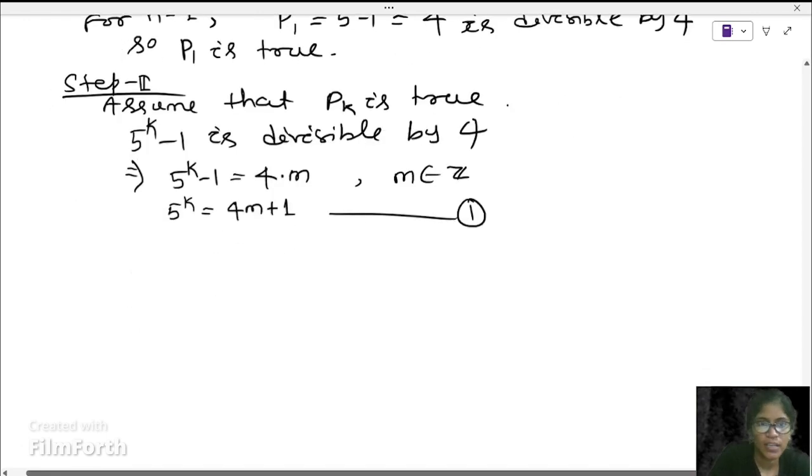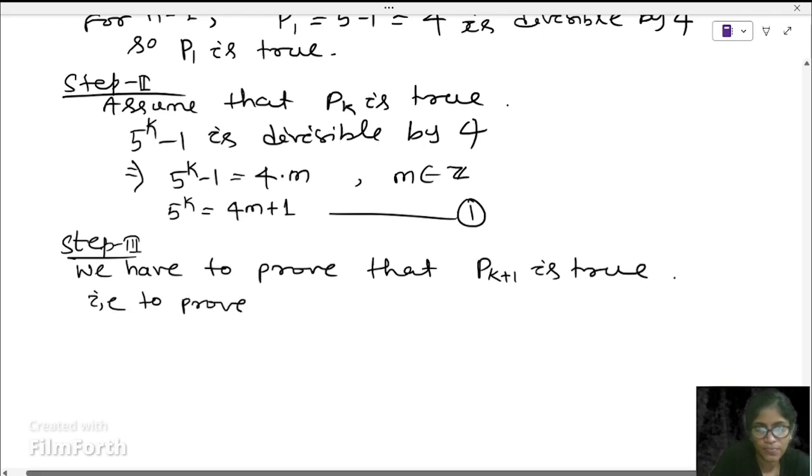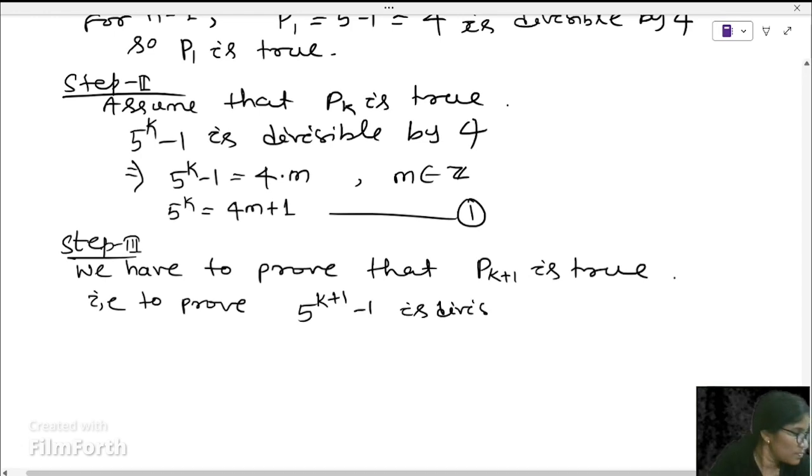Next, step 3. We have to prove that P(k plus 1) is true. That means we have to prove 5 to the power k plus 1 minus 1 is divisible by 4.